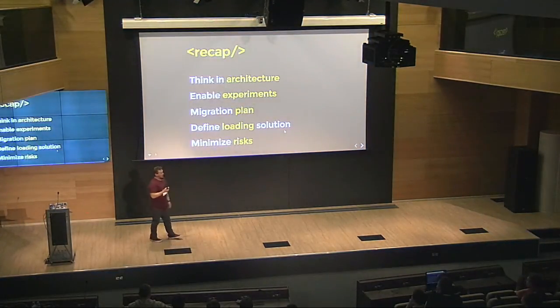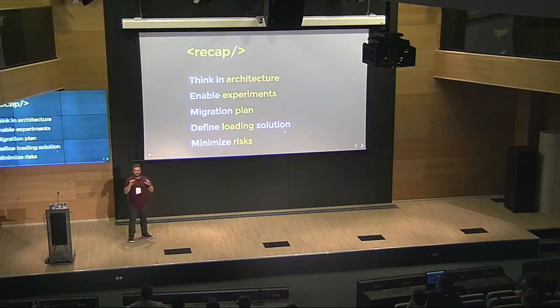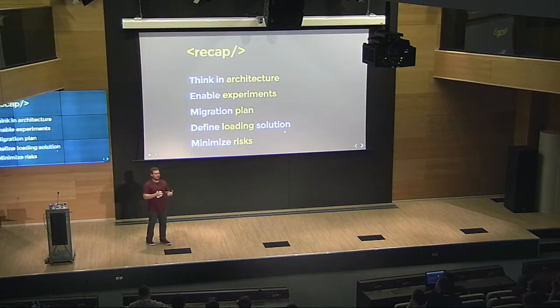That's massive. I know there's a lot of things, there's a lot of content. So a quick recap at the end: first thing that we got from this talk is think on architecture. Second, think how you can enable experimentation if you want to, or if your company is keen to. And if you need to do something like this in the future, always keep in mind how to avoid any possible risk.